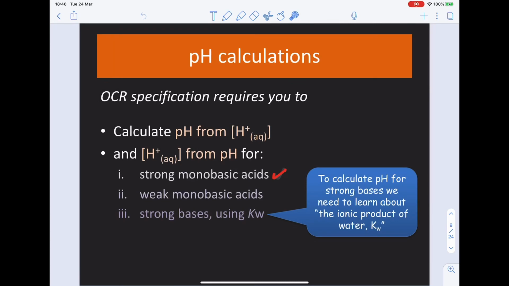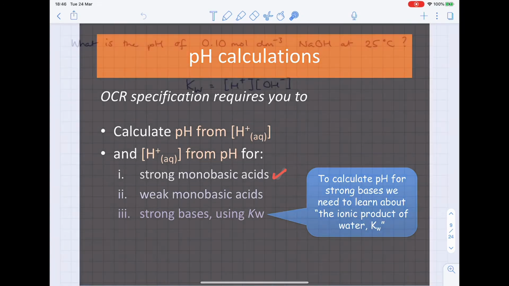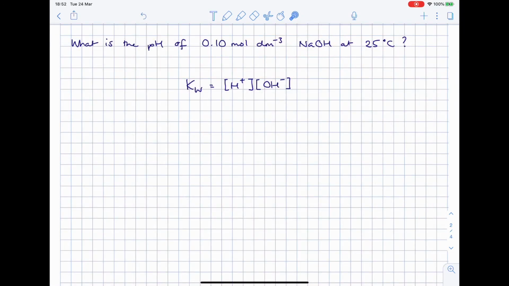Now that we know what the ionic product of water, or Kw, is, we can use it to calculate the pH for strong bases. So here we have a strong alkali, or strong base, and we have 0.1 moles per decimeter cubed of sodium hydroxide, which fully ionizes because it's a strong base. So we can use the ionic product of water to calculate the pH of this solution.